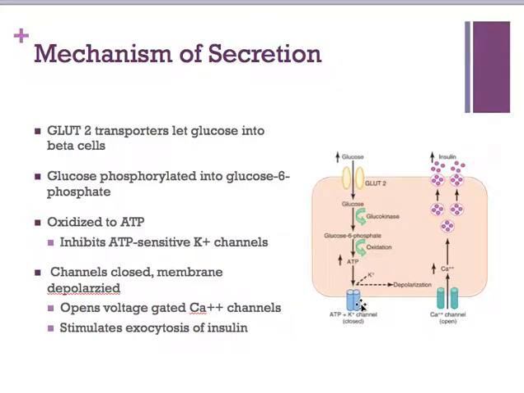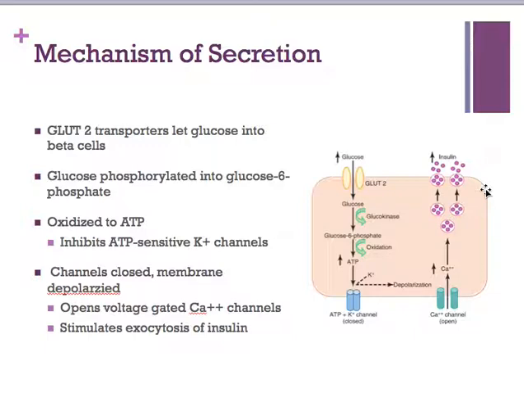So glucose comes in, we have a second messenger signaling cascade. That's the short story. And then we have resulting depolarization of the beta cell, calcium entry through voltage-gated channels, which drives the docking and fusion of insulin.